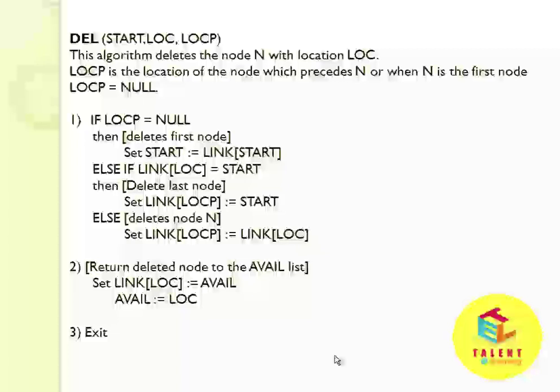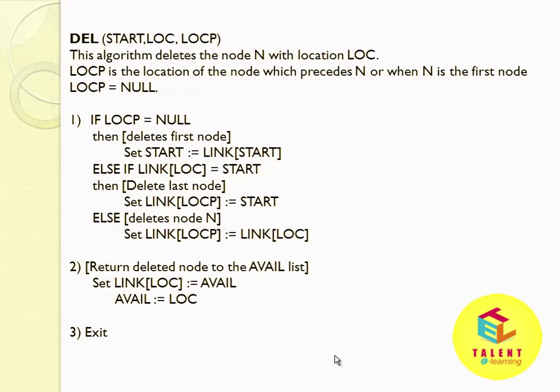The third one, that is del, it has three parameters: start, LOC and LOCP. This algorithm deletes the node n with location LOC. LOCP is the location of the node which precedes n, or when n is the first node, LOCP equal to null.